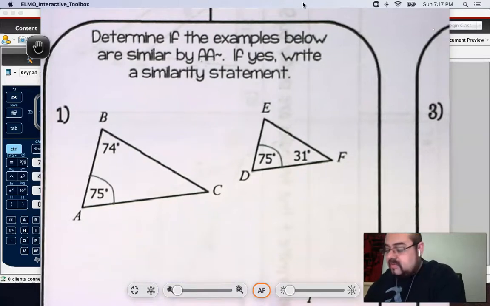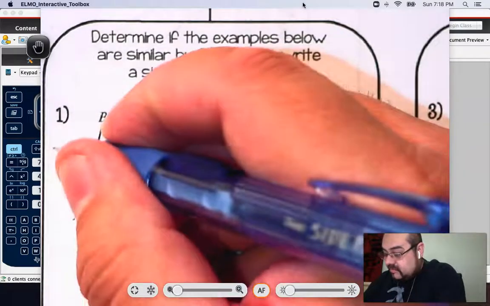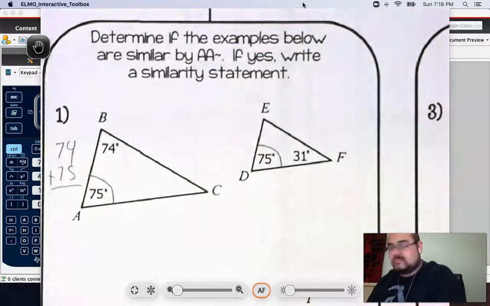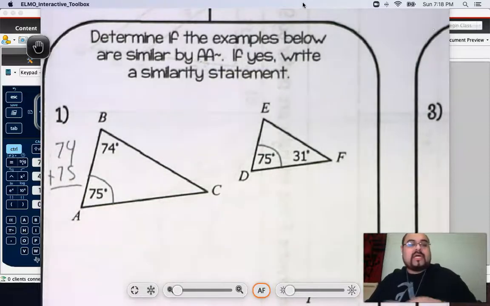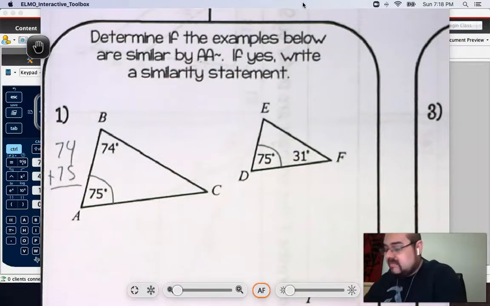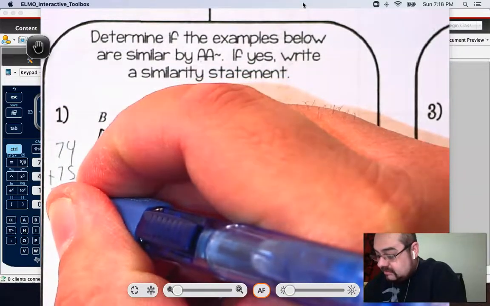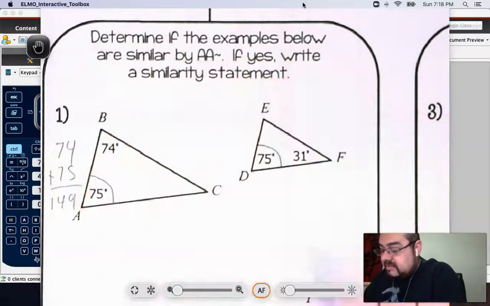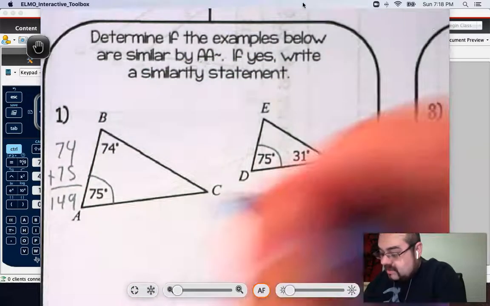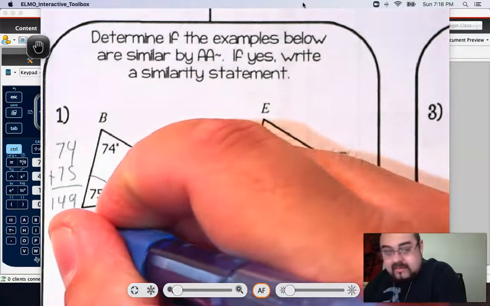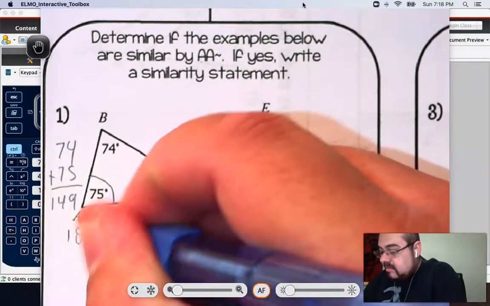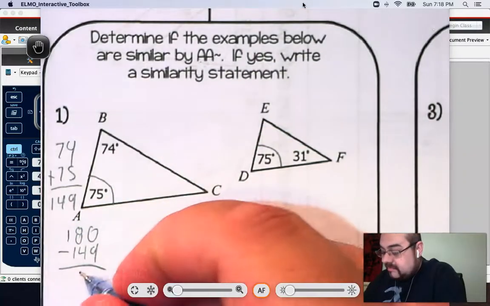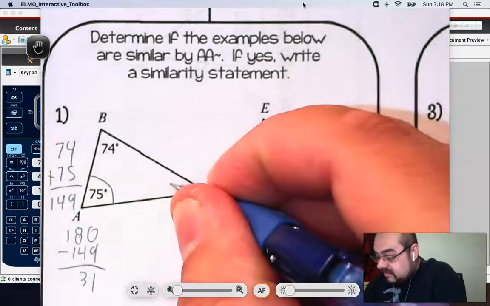It just so happens that if you take 74 and add that to 75, you get 149. 5 plus 4 is 9, 7 plus 7 is 14. And if you take that 149 and subtract it from 180, you will get 31. So the measurement of this angle is 31 degrees.